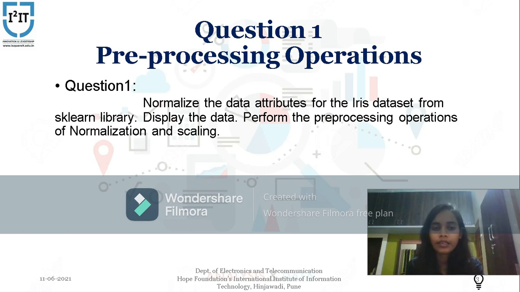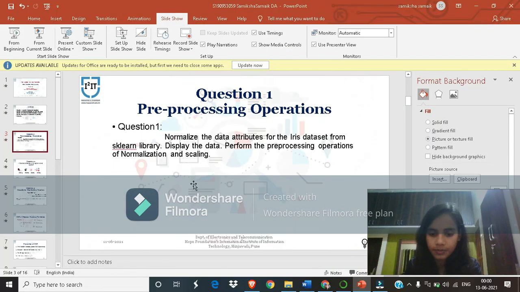So pre-processing involves transforming the data into an understandable format so that we can make the most out of it. In normalization, we adjust the values of the columns to a common scale without distortion. Scaling is transforming data so that it fits within a specific limit like 0 to 100. So let's move to the coding part.